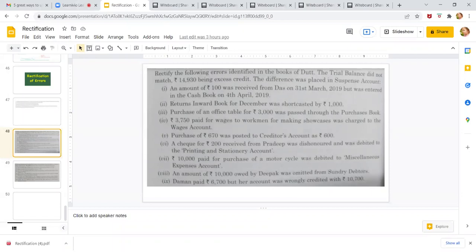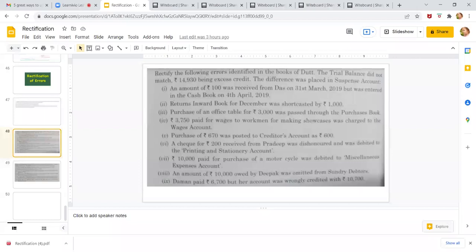Yes, very good. And third, it's furniture account debit to purchase account credit with the amount of 3000. Yes, very good.